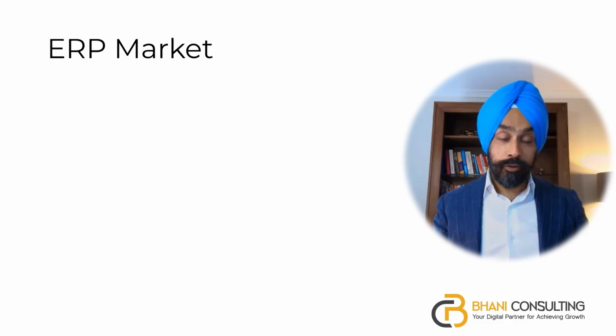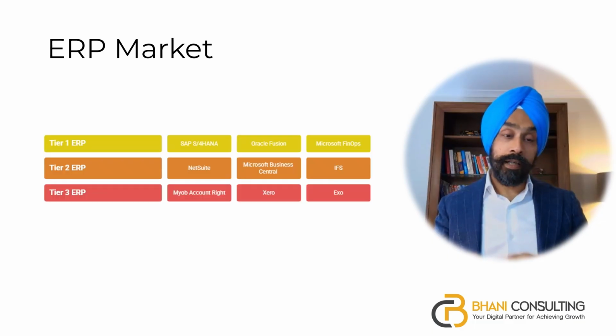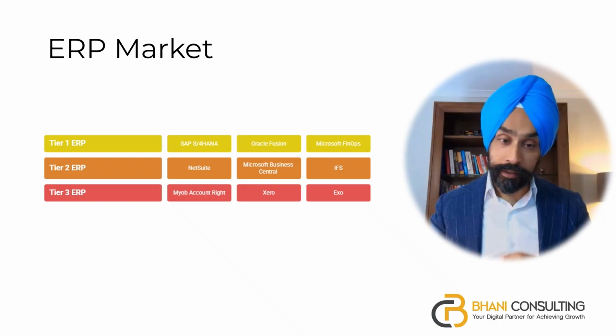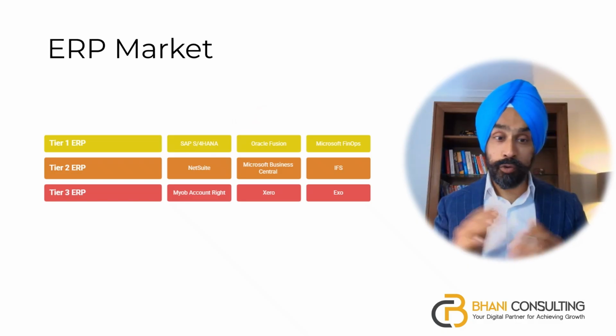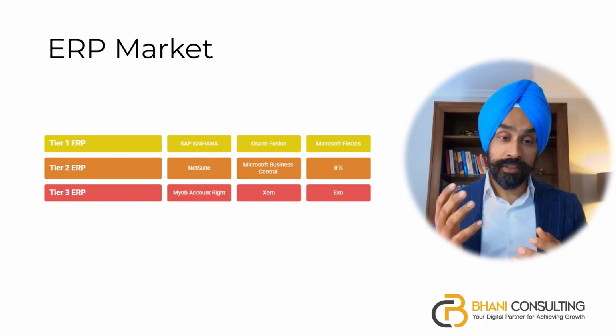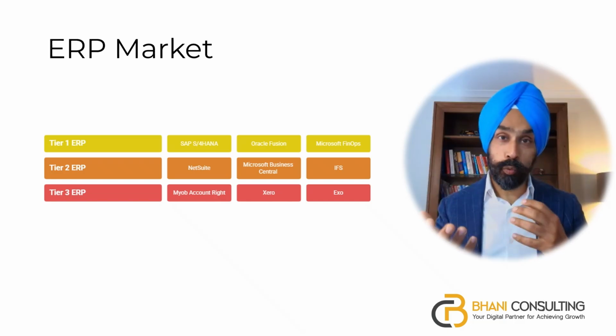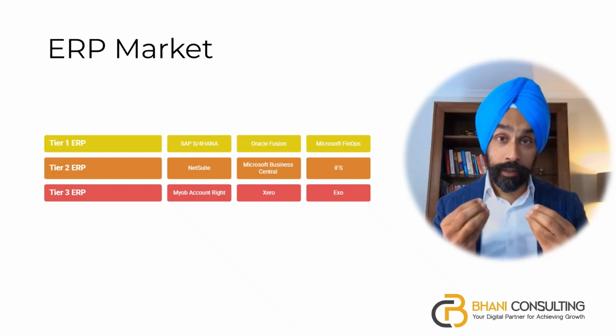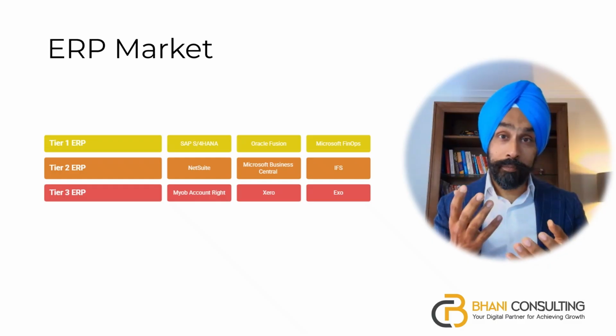Let's get into it. So the ERP market is divided into 3 tiers. And this really helps us to understand when we say SAP or NetSuite or MYOB, and we start sometimes comparing NetSuite with MYOB, I think we're not comparing apples for apples. So we're not comparing like things.